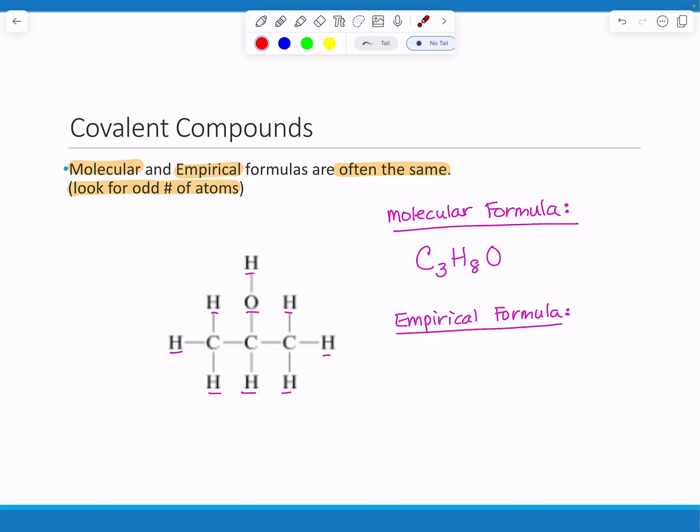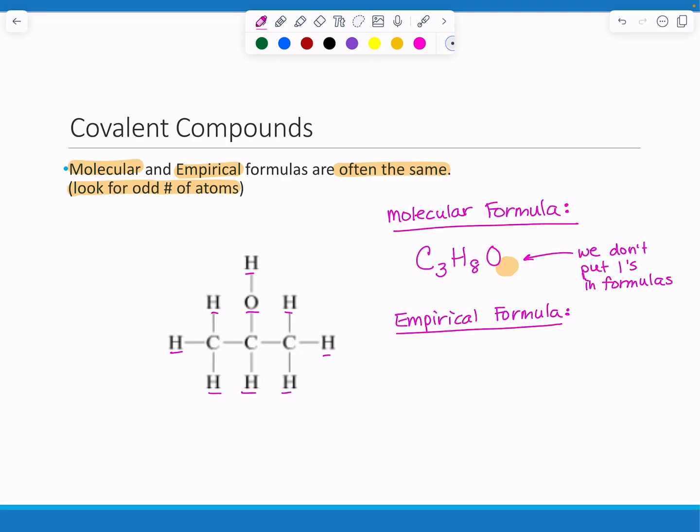Okay. Now notice over here, I'm going to just highlight over here. If there's only one, we don't put ones in formulas. We assume if there's no subscript, then there's only one of that atom there.